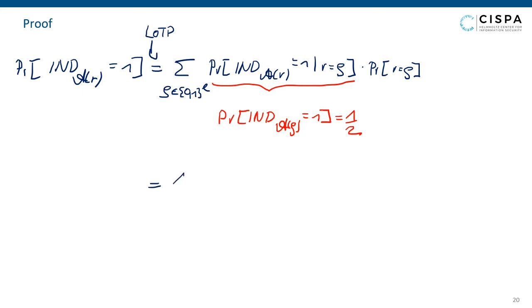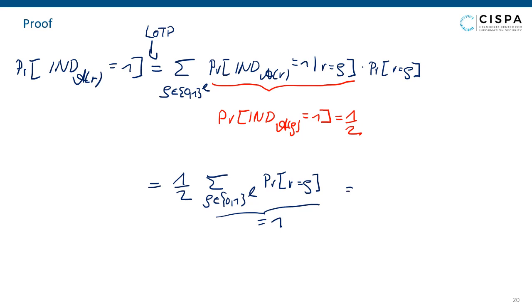I can just do the rest, write this as 1/2 times the sum over all rho in {0,1}^L of the probability R equals rho. Of course, these events R equals rho cover the entire space, so this probability is 1, which lets us conclude that also randomized algorithms have success probability exactly 1/2.